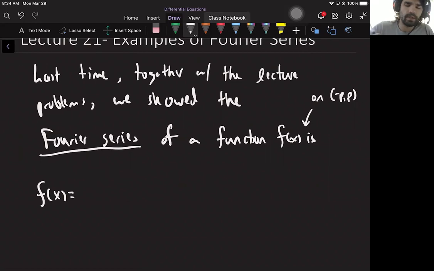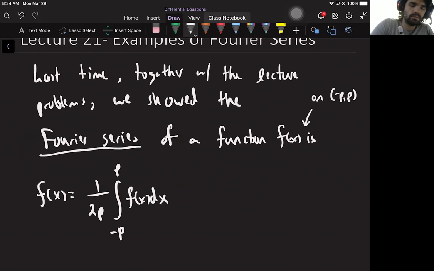So the idea was we're trying to write f of x as a linear combination of these functions that goes on forever. And then we figured out the coefficients in the last video and in the lecture problems. So all I'm doing here is repeating what we got. So that A0 or C0, I think we called it, the first coefficient next to 1, is just this integral times 1 over 2p.